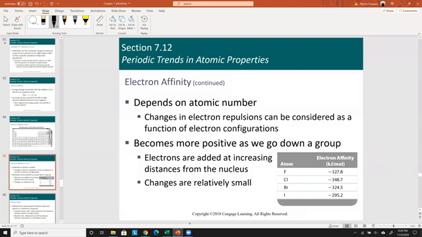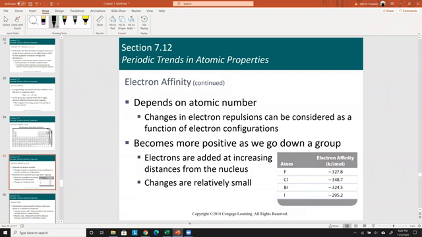All right, so the thing with that is it becomes generally more positive as we go down the periodic table, because when you're adding these electrons, the energy levels at which you're adding them are further away from the nucleus. In smaller atoms, you usually have a lot more energy associated with the movement of electrons.